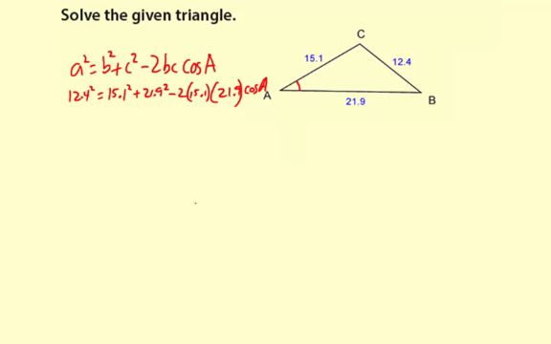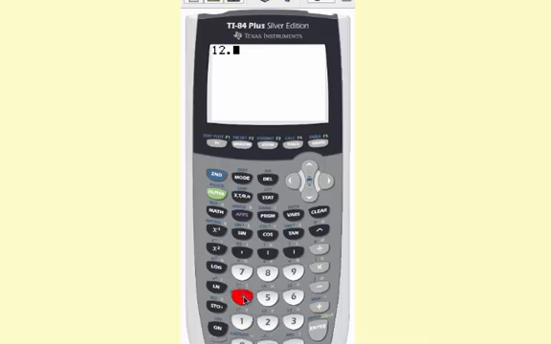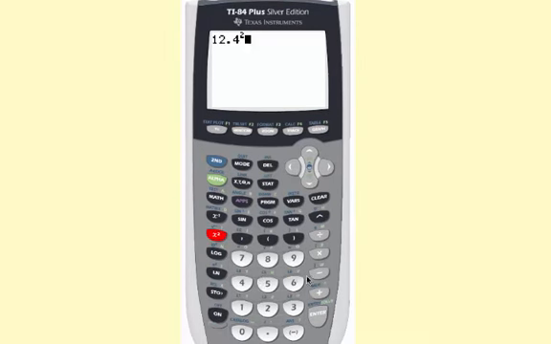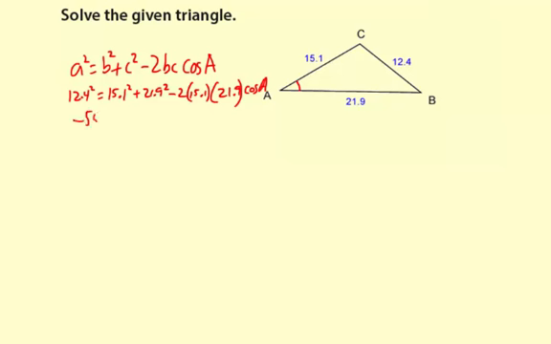So I'm just going to do all that on the calculator. Negative 553.86 equals, and it's going to be all this business here, negative 2 times 15.1 times 21.9 cosine of A. Okay, so next thing I'm going to do is simplify all this business on the right here with the cosine A, negative 2 times 15.1 times 21.9.